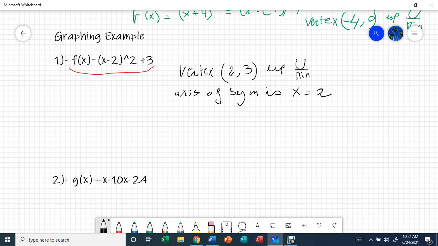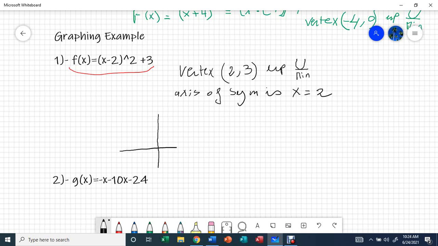It's like in the middle, it goes through the vertex and makes the graph like a mirror image of each other. So we will show you that in the graph. So the axis of symmetry is always x equal to the x coordinate of the vertex. So let's graph this function here.